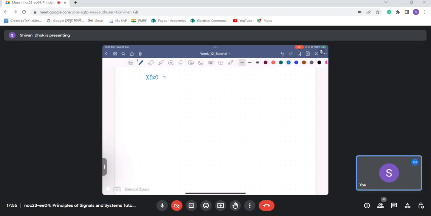So this X of omega is the integral from minus infinity to infinity of x of t into e power minus j omega t dt. Now for f, this omega is basically 2 pi f. So X of omega is X of 2 pi f, which I can write as X of f, and this I obtain as the integral from minus infinity to infinity of x of t e power minus j 2 pi f t dt.